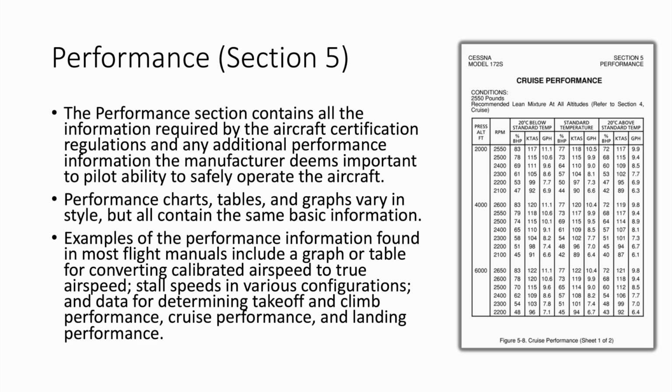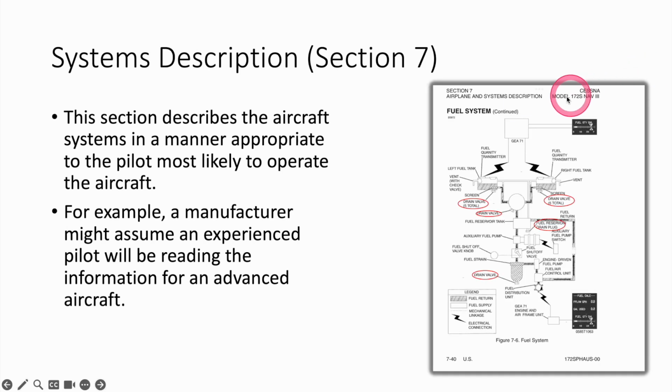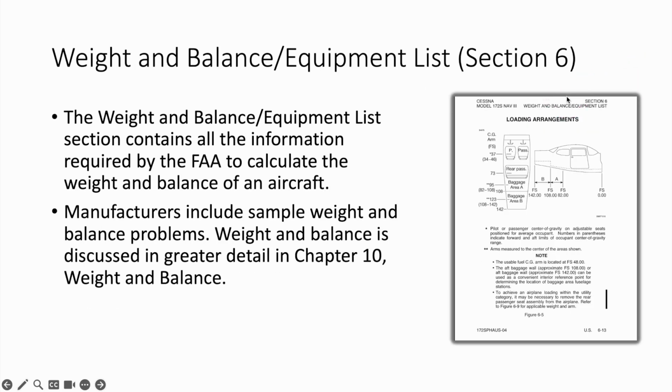Performance section. So as you learn to do cross-country planning, you'll use section 5 to do certain calculations. So how long is it going to take you to get somewhere based off of your speed? How much fuel are you going to burn? How long it's going to take you. And section 6, which we'll look at a little bit today, is weight and balance and equipment list.